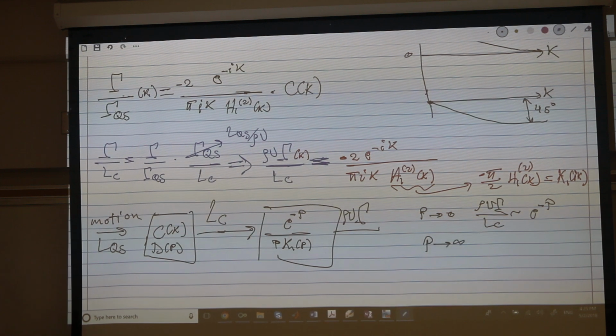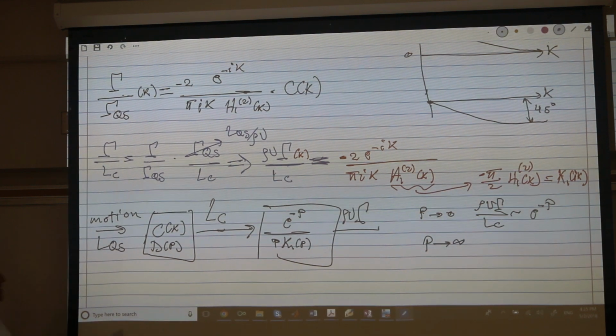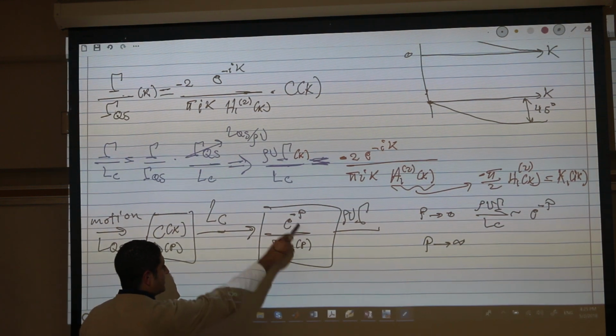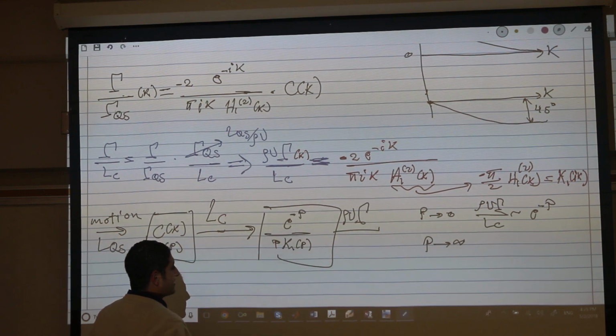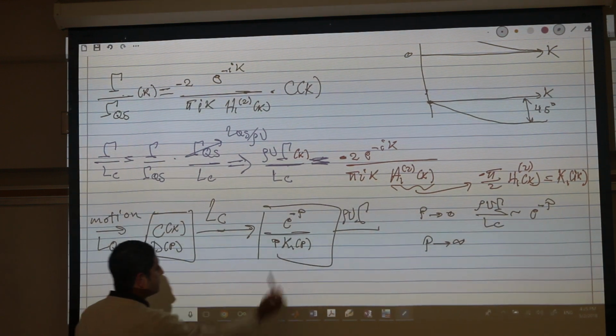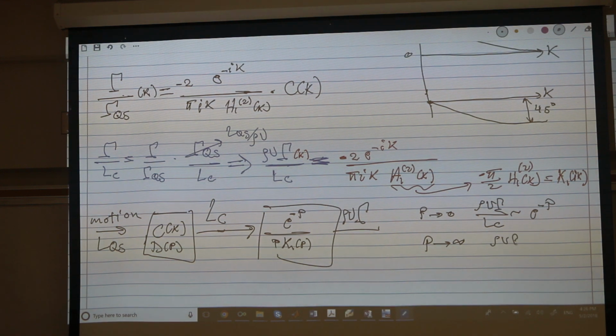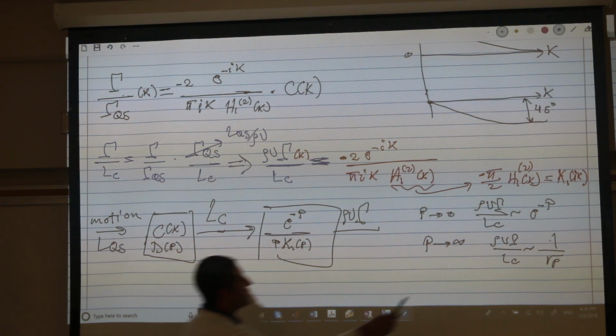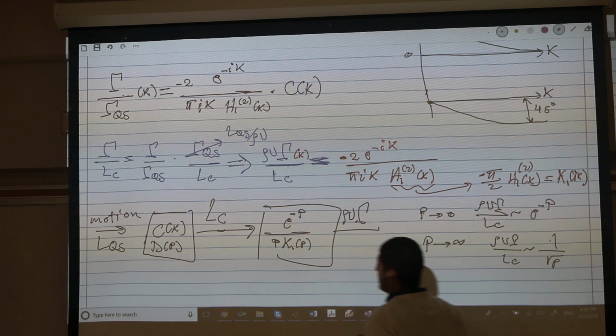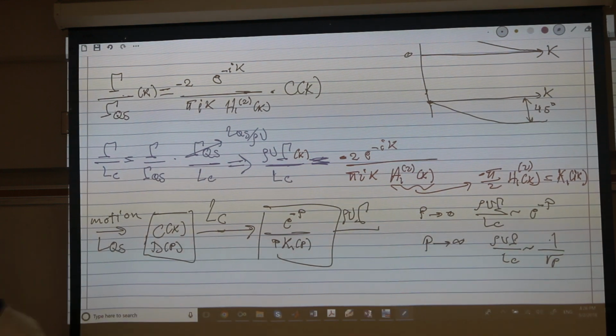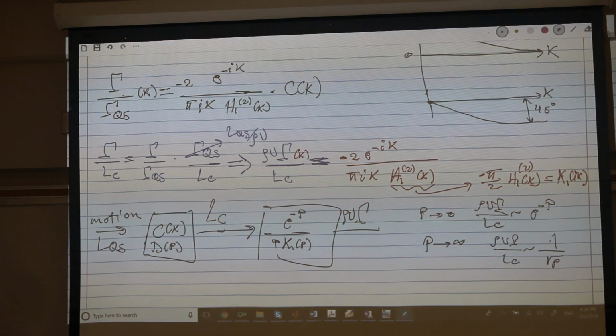The high frequency limit, this guy actually cancels this, and we have square root k. So at the end of the day, this transfer function will behave like 1 over square root s, which explains the 45-degree kind of thing in the high frequency limit. It's a fractional integrator.